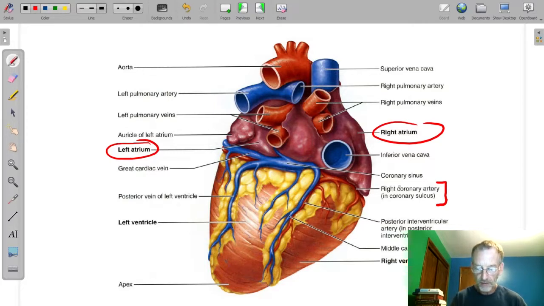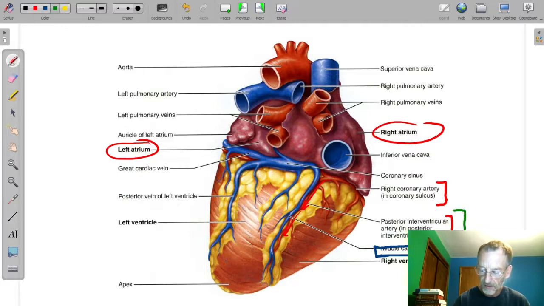So here comes the right coronary artery again, wrapping around the heart in that coronary sulcus, and then it branches down typically and gives rise to this posterior interventricular artery. And paired next to it, running parallel with it, is the middle cardiac vein. And there's your other pair. Keep them together.